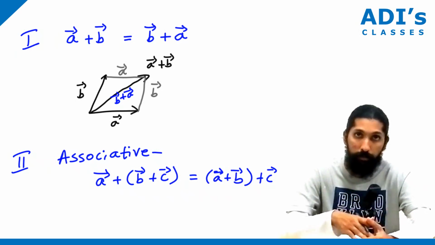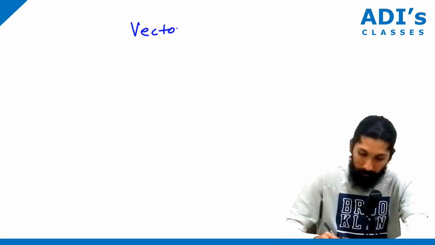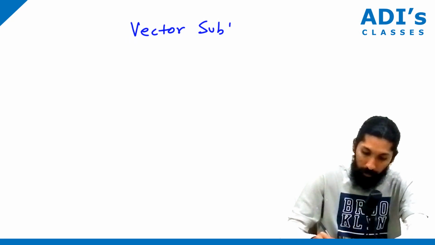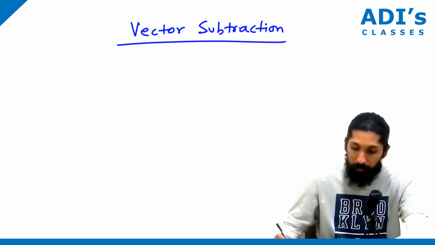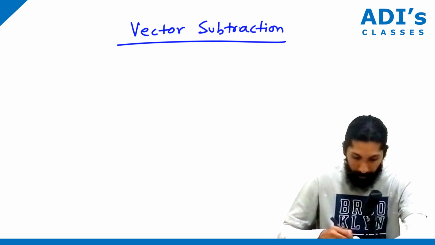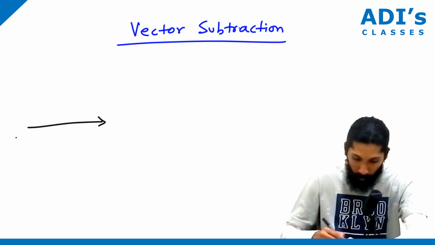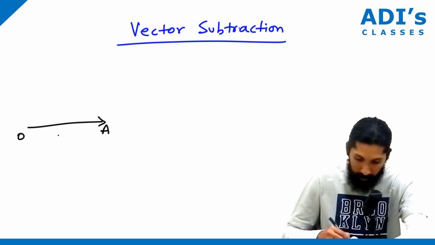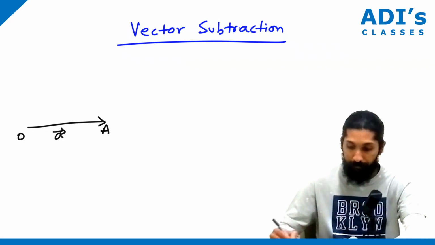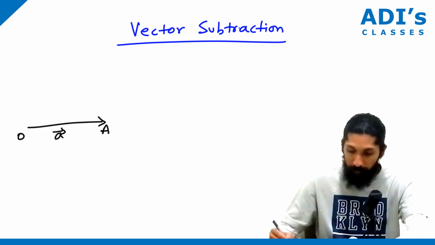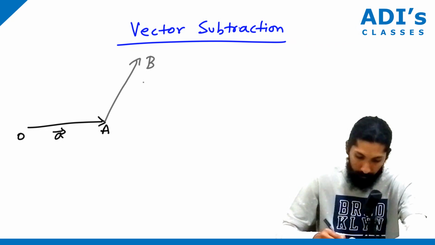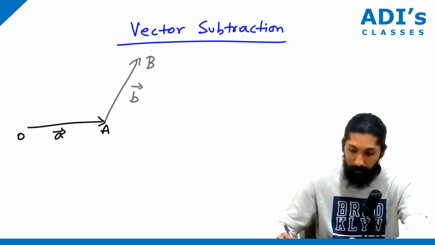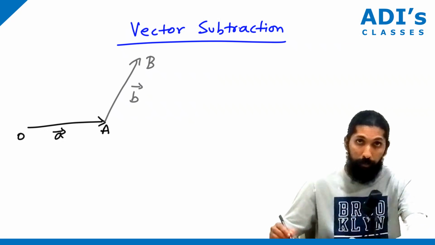How do we do vector subtraction? See, in vector subtraction, what exactly we do is that assume that you have a vector like this. So say this is O, say this is A. Let's assume that this is vector A. Now let's say we have another vector, something like this. Say this is vector B. Now what we do?